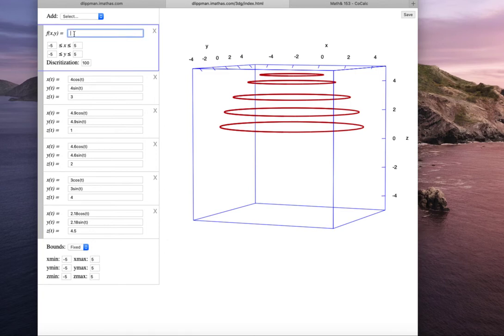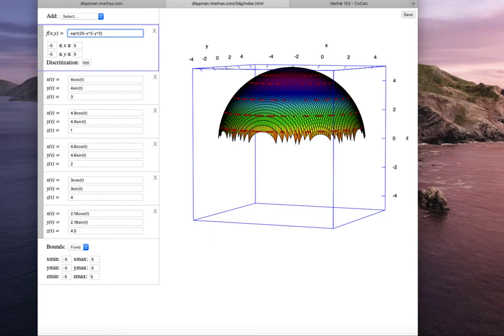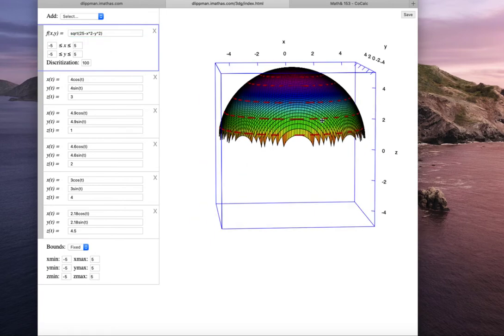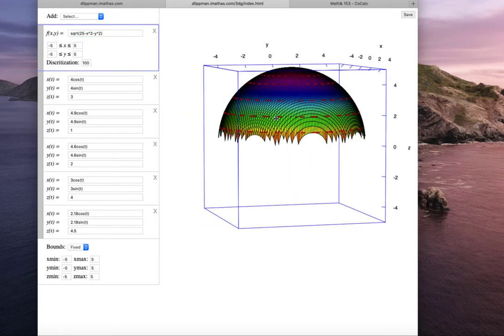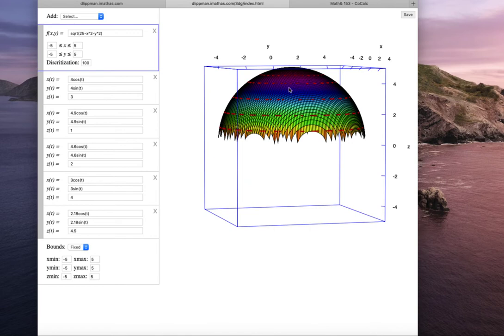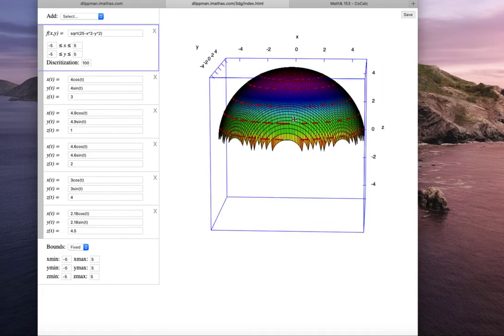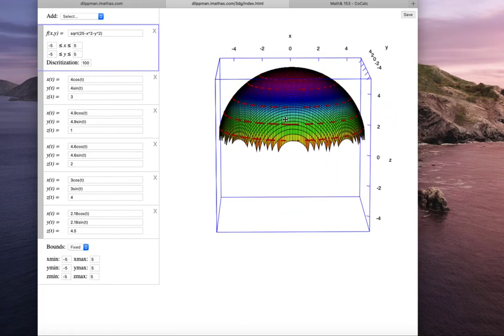So it's looking good so far, but then if I type this in, square root of 25 minus x squared minus y squared, then sure enough, there's the top half of our sphere, and I can clearly see that those curves are lying right on that sphere. And the other thing to notice is that you can tell when a function is steeper versus when it doesn't change its height as quickly. Let me take this away again.